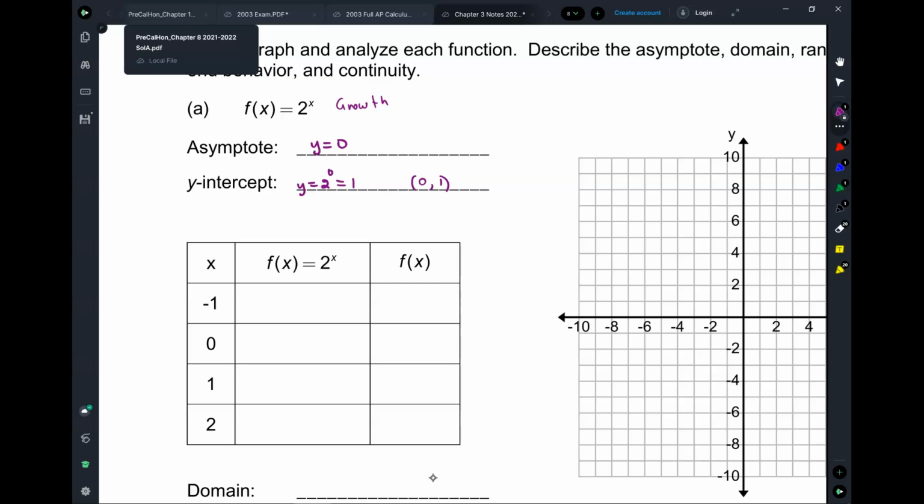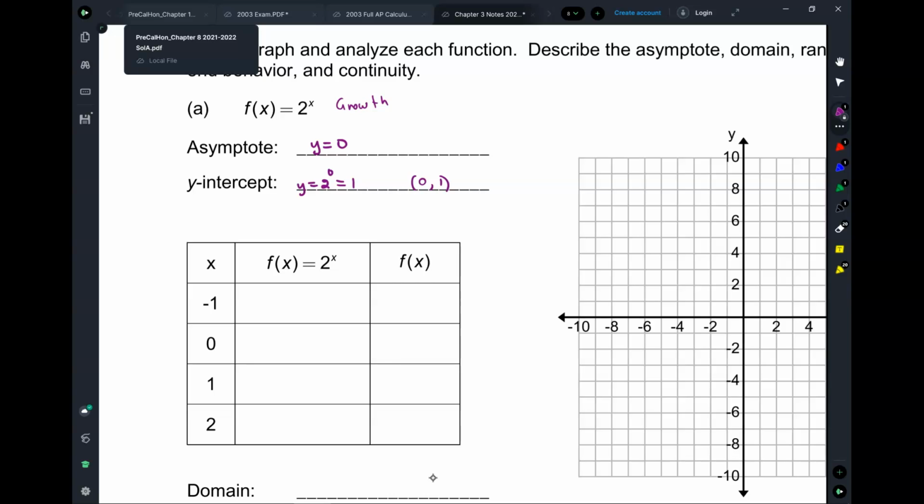But is this the law of the land? Are you required by contract to only pick these numbers? No. Can there be functions where this is not a good set and you have to modify? Yes. You, the sophisticated pre-calc student, are going to figure that out, but we're going to learn along the way. So this is my standard that I pick when it's growth.